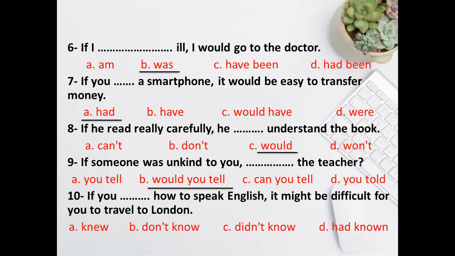If you knew how to speak English, it might be difficult for you to travel to London. If you don't know, then it would be didn't know, the past simple negative.